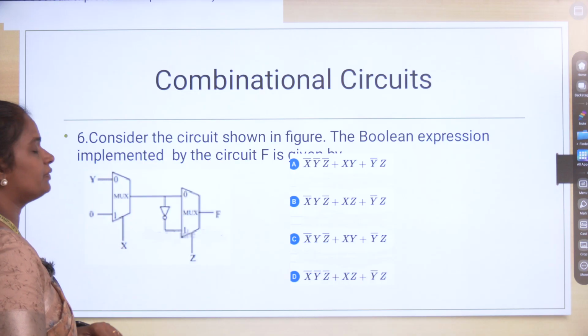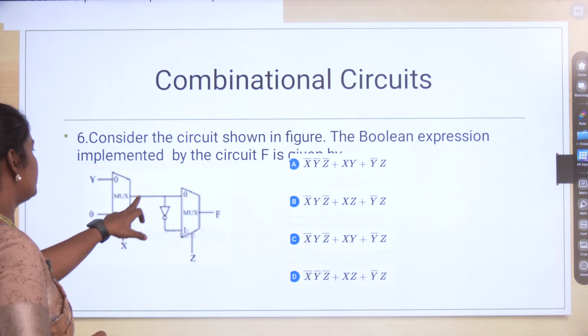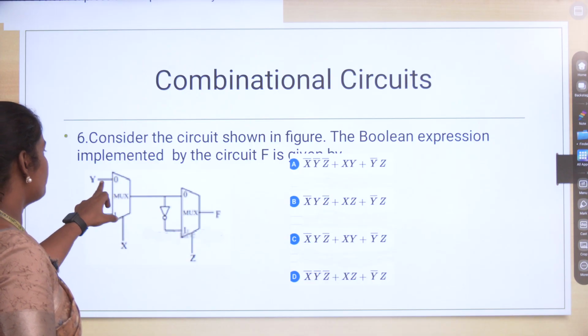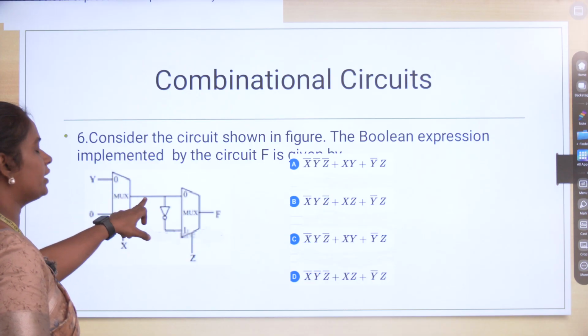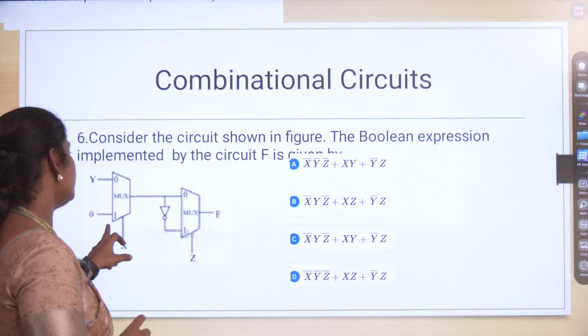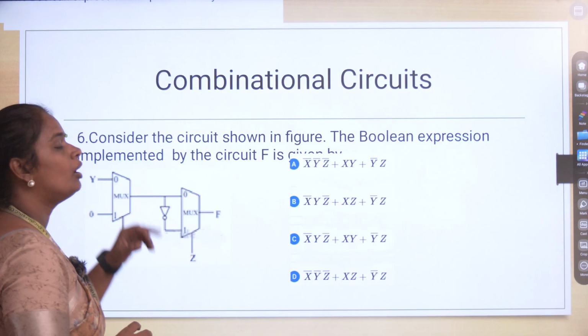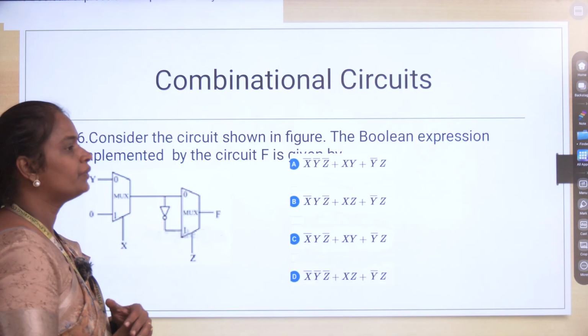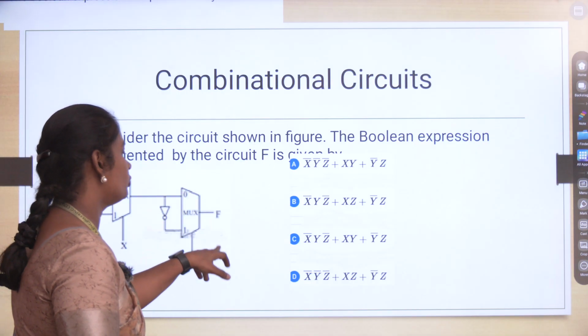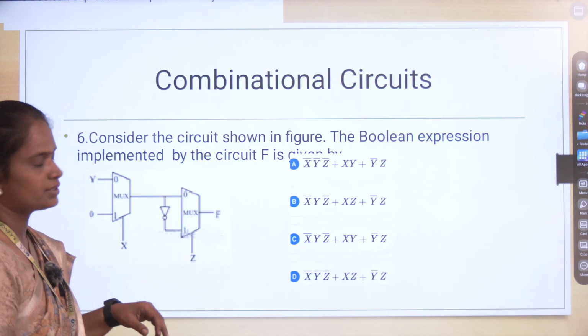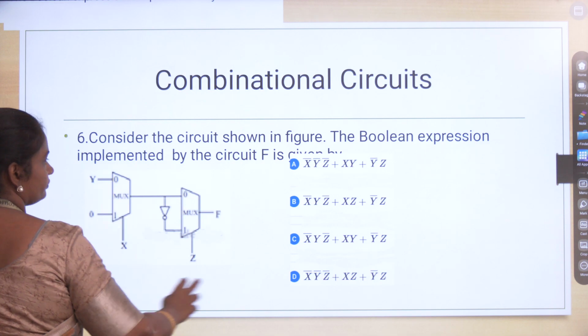If x is equal to 0, then y will be connected to the output. If x is equal to 1, then 0 will be connected to the output. So if you write the output equation, you can get the correct answer.